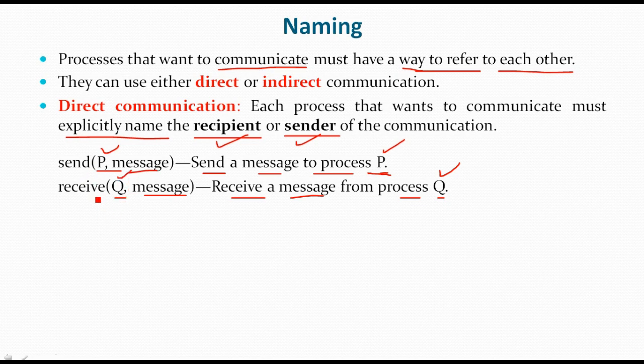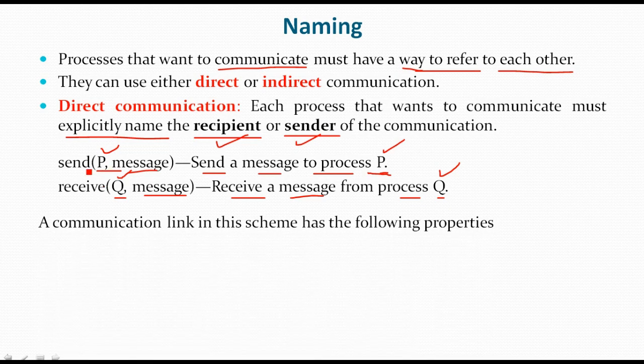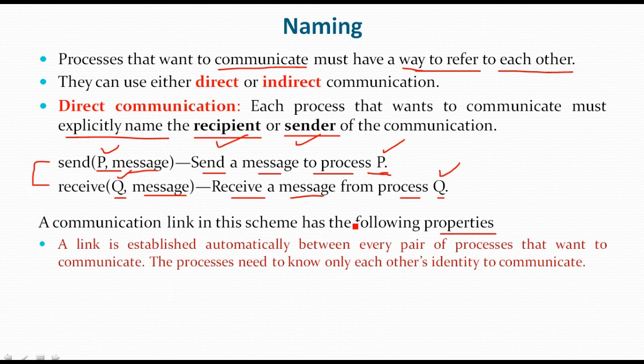A communication link in this scheme has the following properties. Now, the communication link which we have established between P and Q has some properties. The first property is that a link is established automatically between every pair of processes that want to communicate. So here, P and Q want to communicate, and automatically the link is established between these two processes.